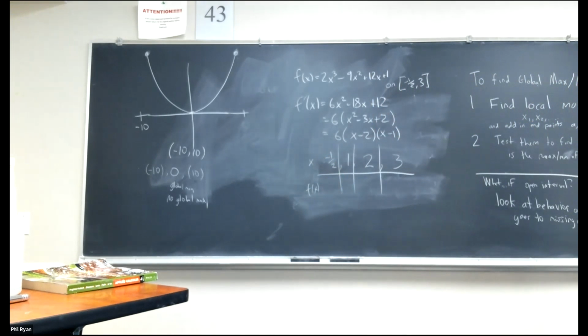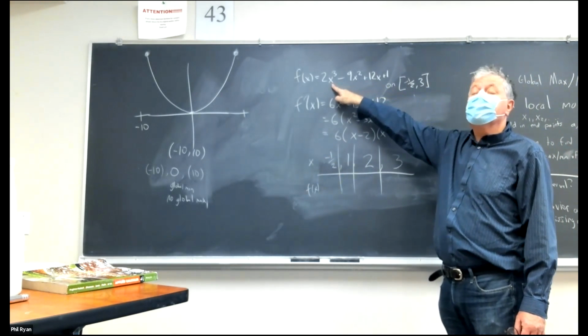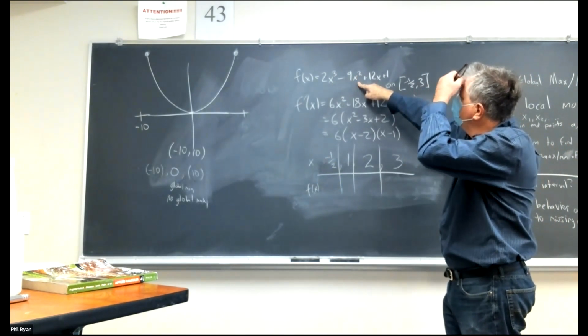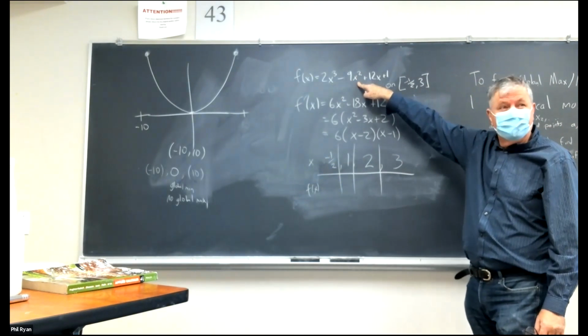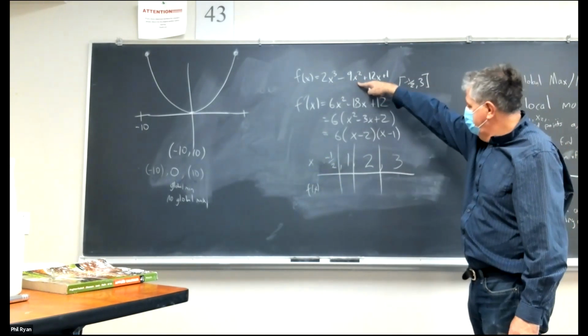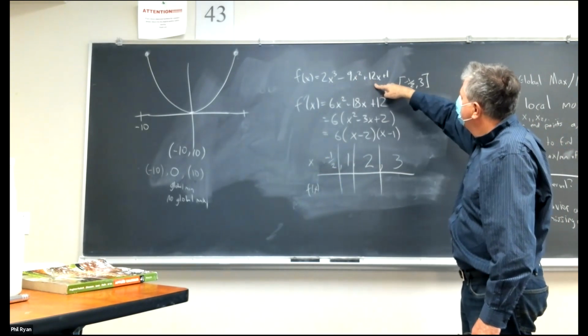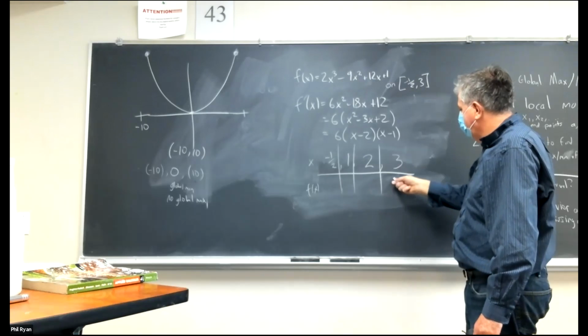Okay, so when x is 3, 2 times 27 is 54. Oh my goodness. 54 minus 81 is minus 27. Minus 27 plus 36 is 9, plus 1 is 10.